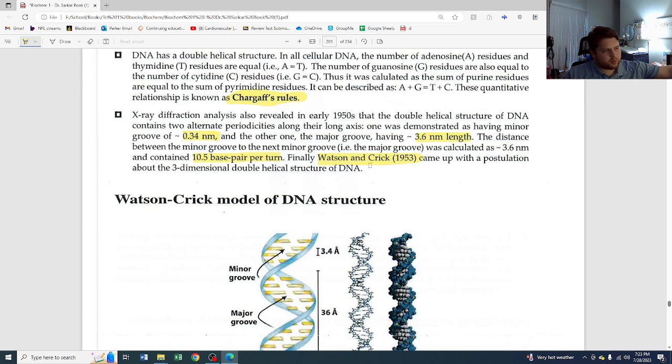If you ever want to learn more about them, there's a lot of interesting things out there, podcasts and stuff about Watson and Crick, and their discovery or their model of the DNA structure was actually really interesting. There was a whole race going on at this time, trying to figure out the structure of DNA and all that sort of stuff.